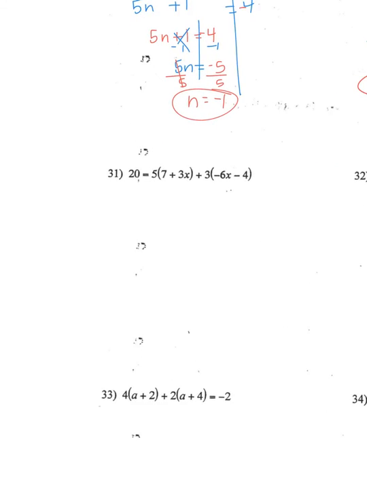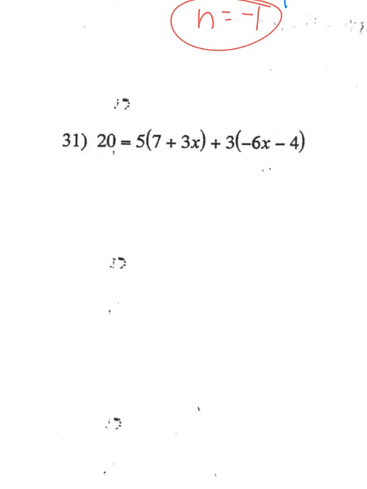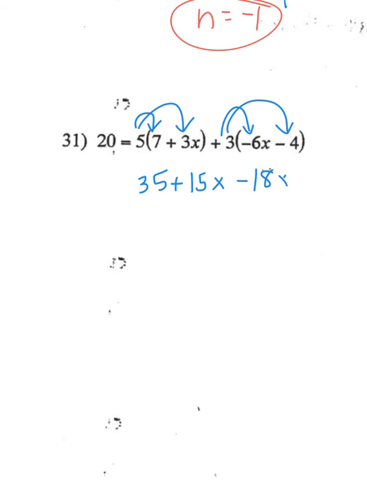Zipping through. Here we go. Look, these aren't so bad. Kind of fun. All right, so I'm going to distribute that. Oh, these are easy ones to distribute too. 35 plus 15x minus 18x minus 12, and don't forget this 20.